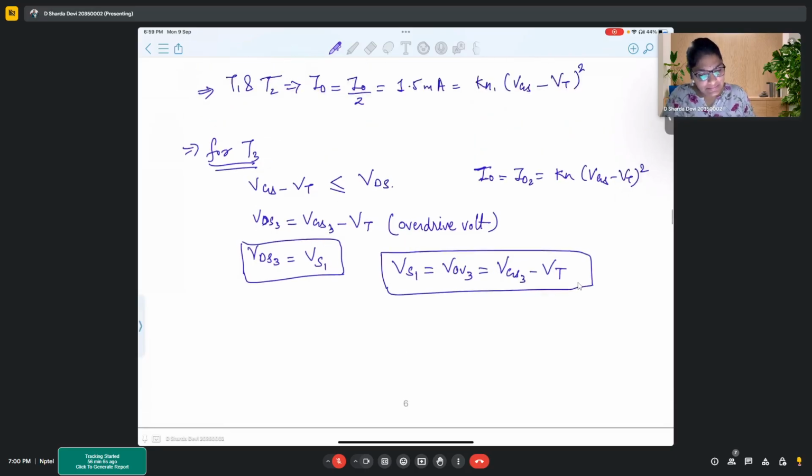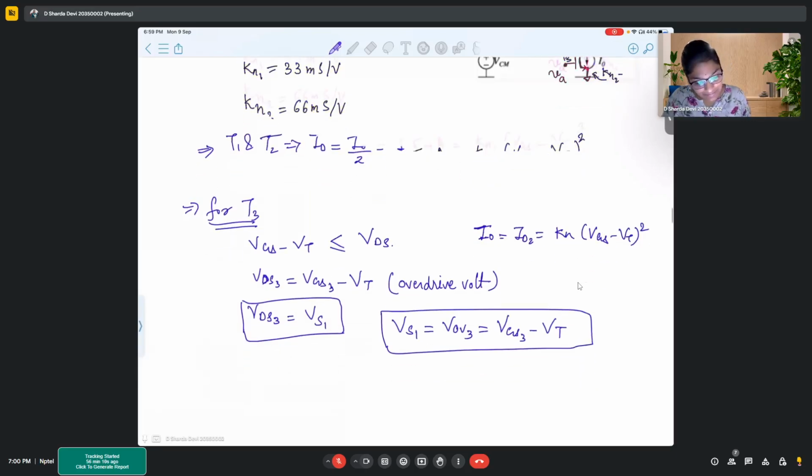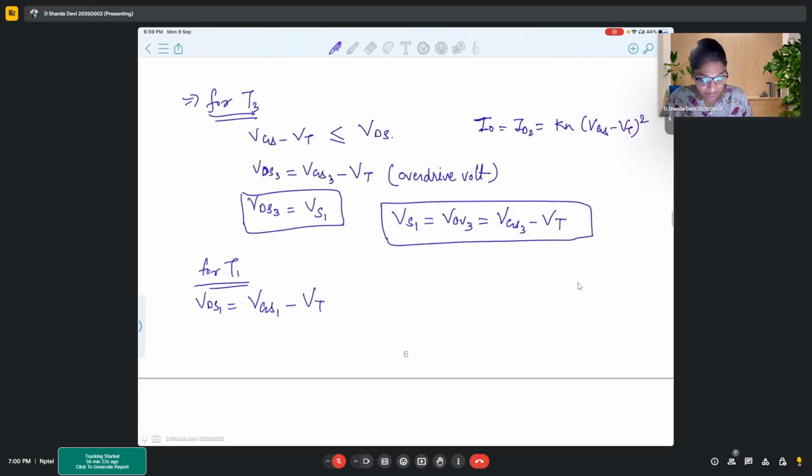So this is the first thing that we found out. Now for transistor T1, also we will have VDS1 equal to VGS1 minus VT. So that means VD minus VS1 is equal to VG1 minus VS1 minus VT.